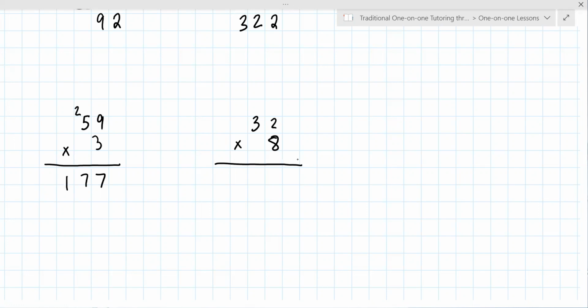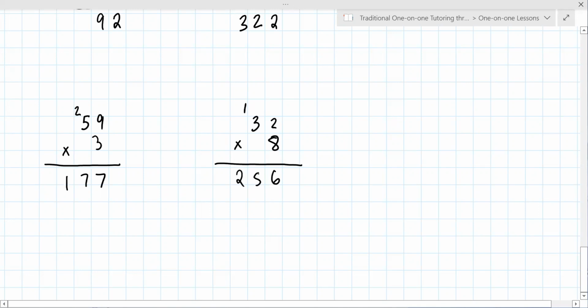Is it 256? So 6 here, carry of 1. 8 times 3 is 24, plus 1 is 25. Good, very good. Let's go back to counting cubes.